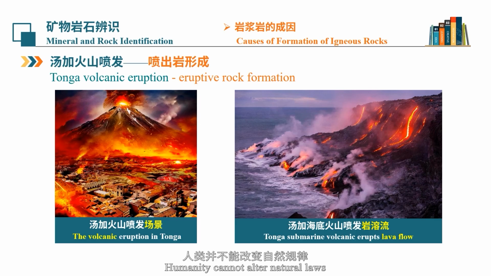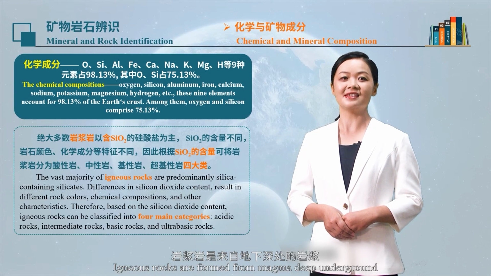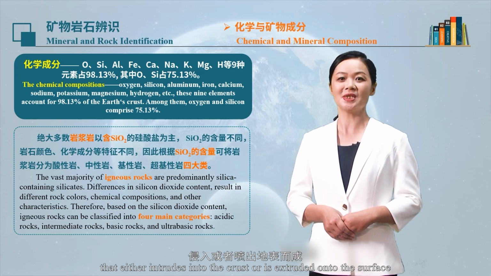Humanity cannot alter natural laws. Therefore, in our exploration of nature, we must follow its laws. Igneous rocks are formed from magma deep underground that either intrudes into the crust or is extruded onto the surface.